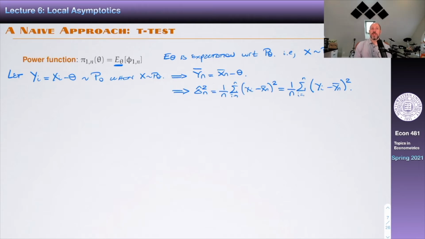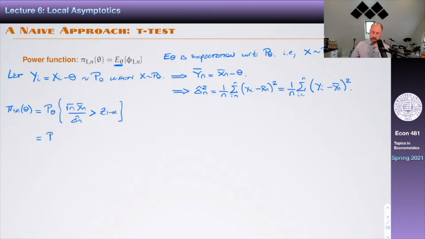So now I can study the power function, because then I want to say pi 1 n of theta is the probability under theta, and this is the t-test, right, of square root n x bar n divided by sigma hat n greater than z 1 minus alpha. What I'm going to do is I'm going to replace x bar as y bar plus theta.